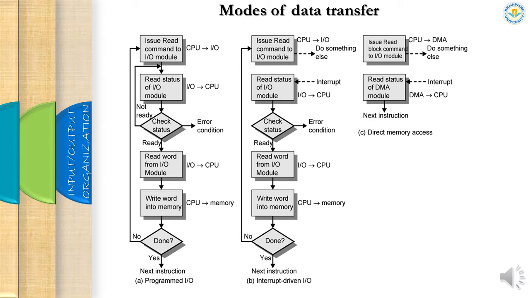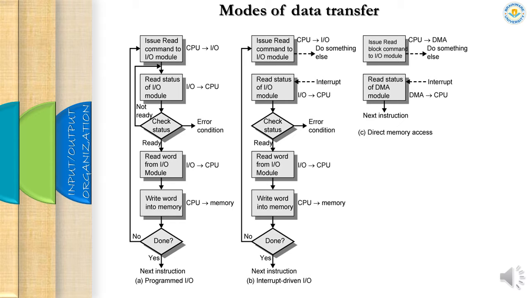Second one, the interrupt initiated I/O, a special one actually. In the programmed I/O method we have already seen, the program constantly monitors the device status. Thus, the CPU stays in the program until the I/O device indicates that it is ready for the data transfer.